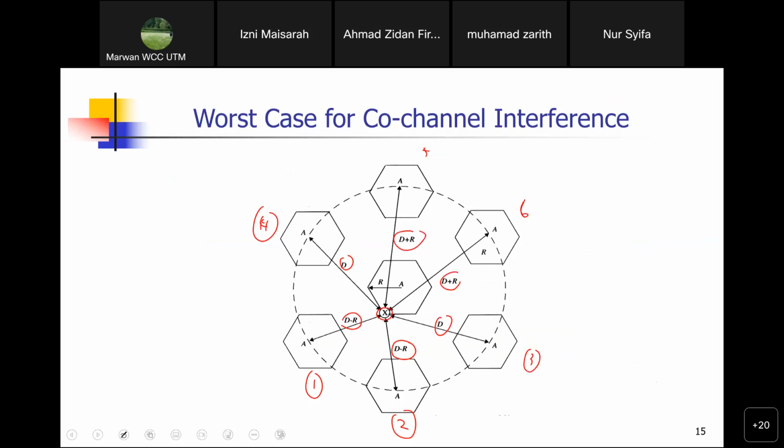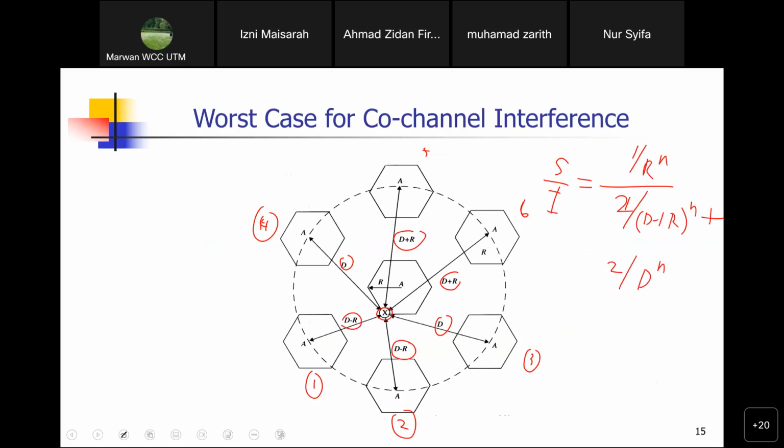Now if you need to get your S over I, you have to use a different expression. So you can have 1 divided by, first, D minus R to the power of n, 2 times, plus D to the power of n, 2 times, plus D plus R to the power of n, 2 times.